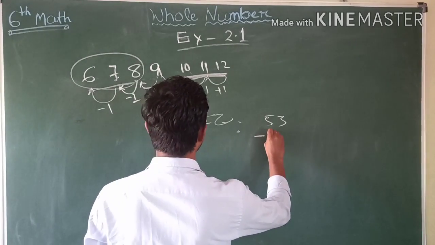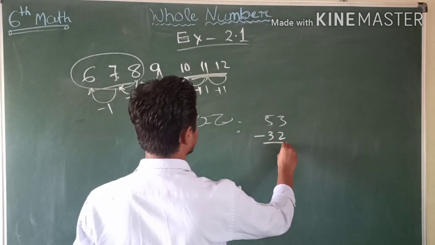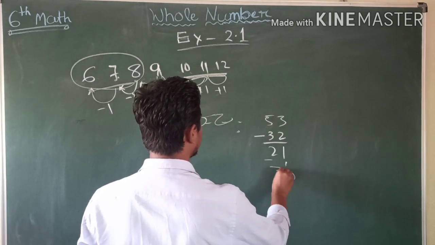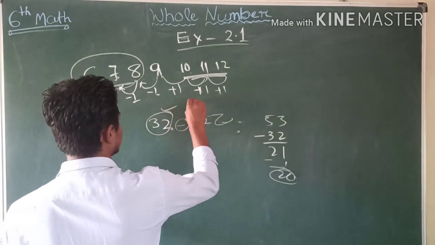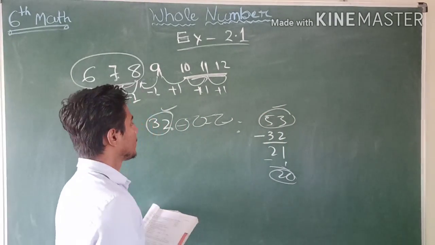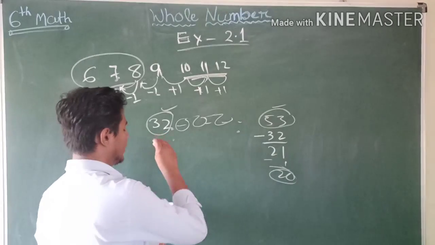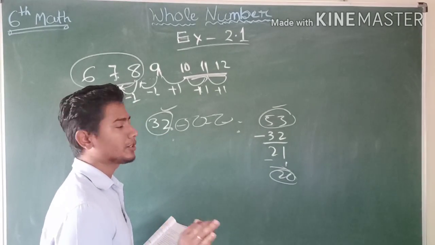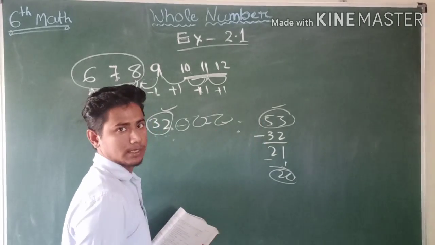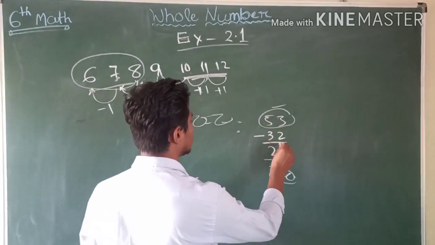You can do 53 minus 32. 3 minus 2 is 1, 5 minus 3 is 2. Then you minus 1, so 20 numbers, because 53 and 32 you should exclude. This question asks how many whole numbers are there between 32 and 53, not including 32 and 53. So first I subtract, then I get 21.